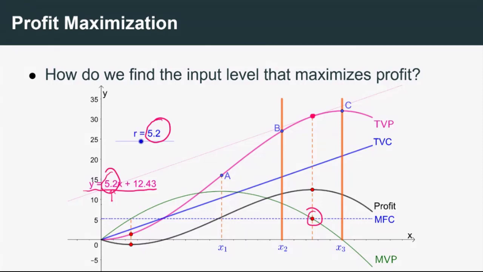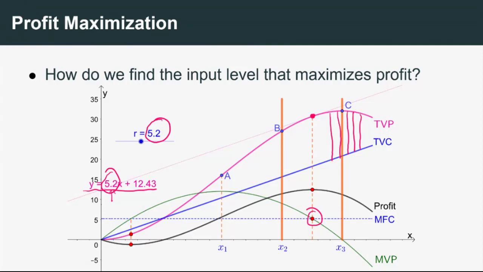So first, what is the profit? Because we want to maximize profit. So profit is the vertical difference between TVP and TVC. So we want to find the input use where the difference between TVP and TVC is the largest.